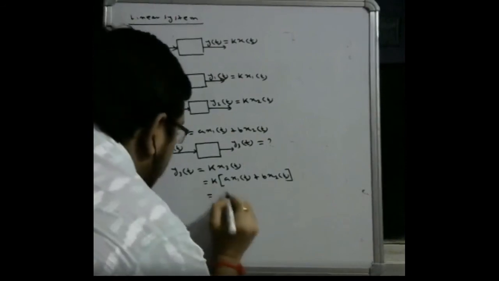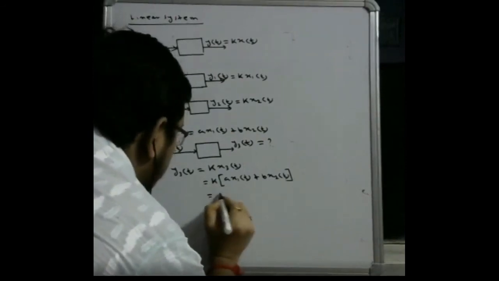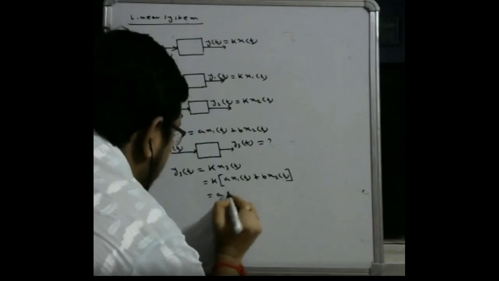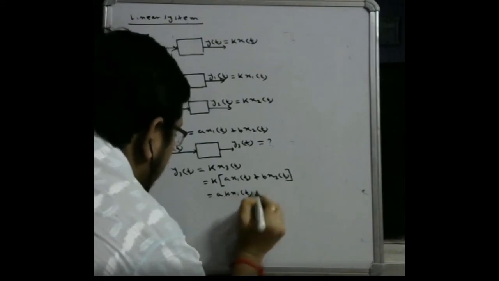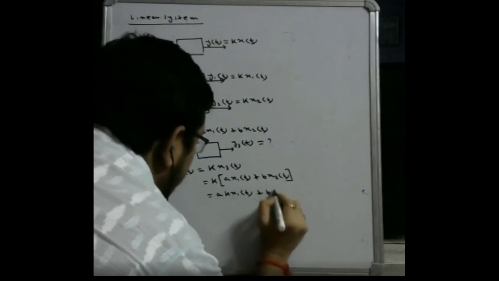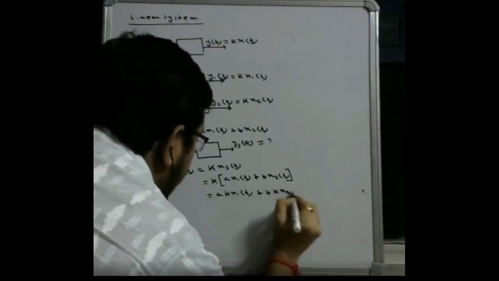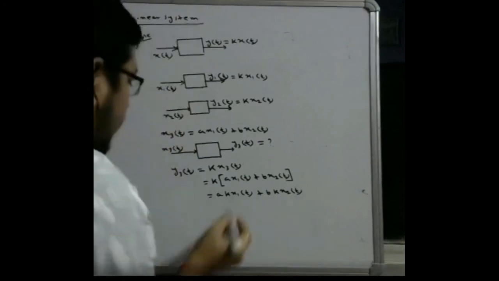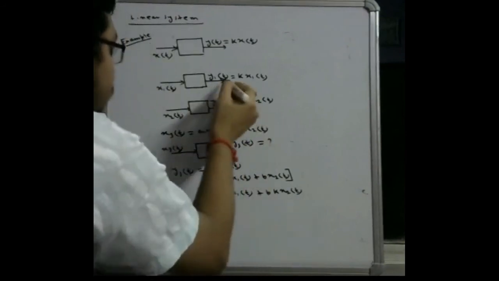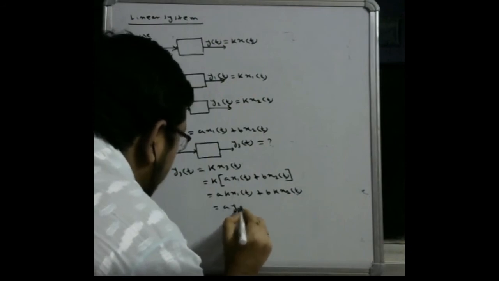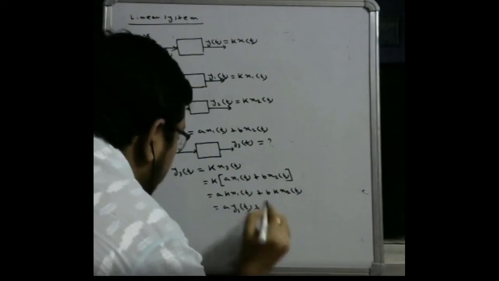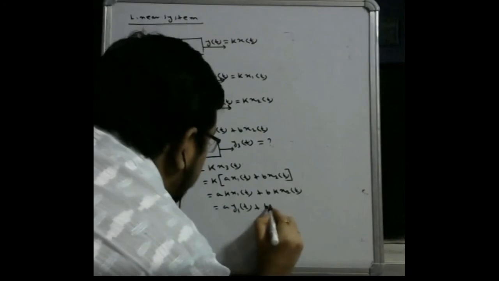Now this can be written as a k x1(t) plus b k x2(t). Now k x1(t) is y1(t), so we can write a y1(t) plus b y2(t).